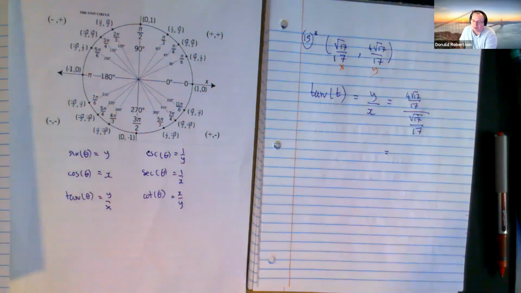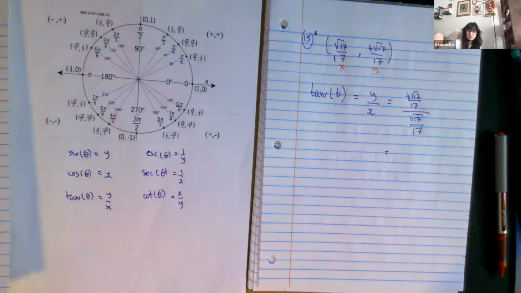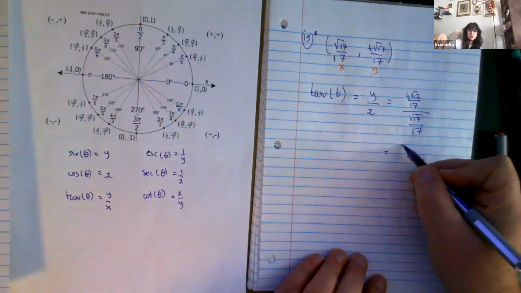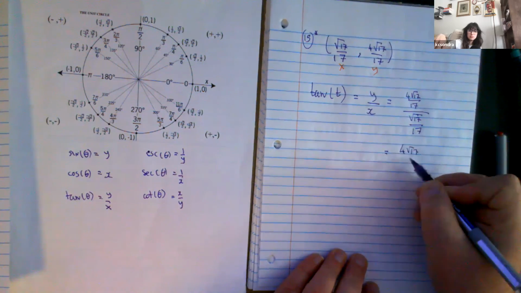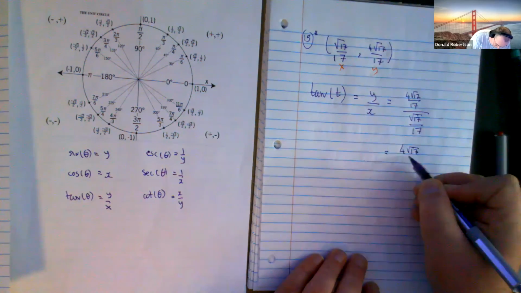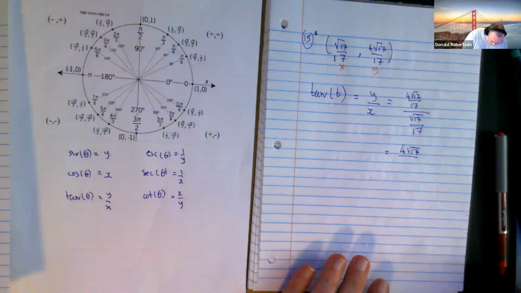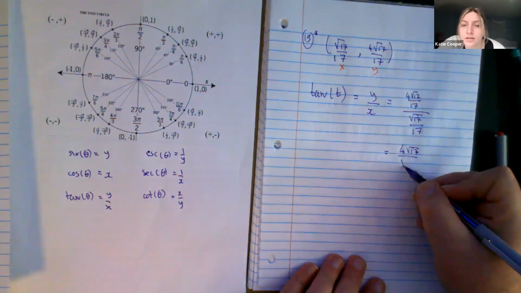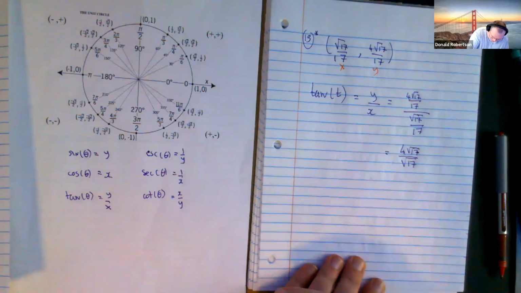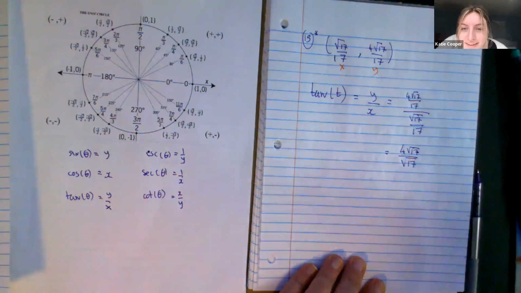Okay, tell me, what does that horrible fraction simplify down to? Would it be 28/17? So I had 4 √17s. What would go in the bottom? 17. Do you mean √17? Yes?